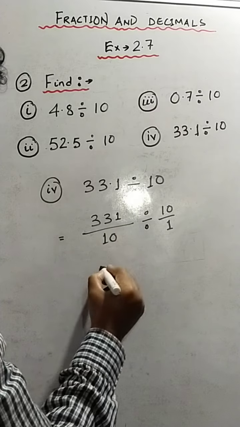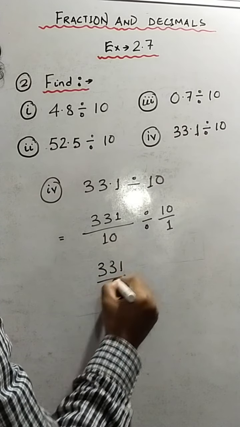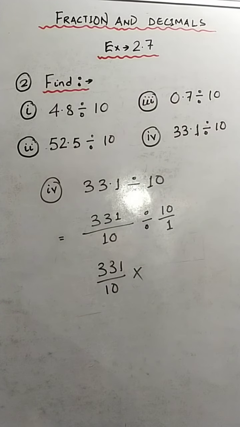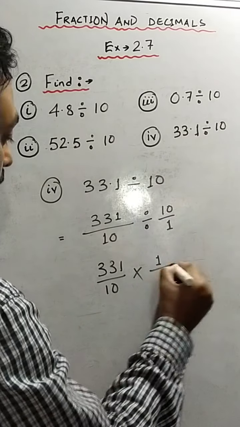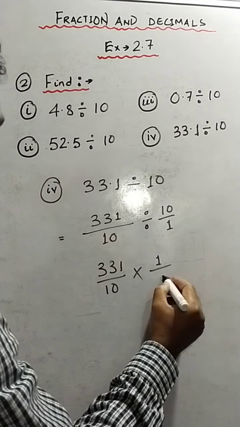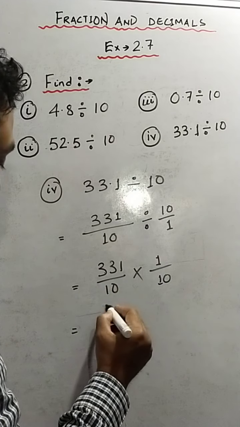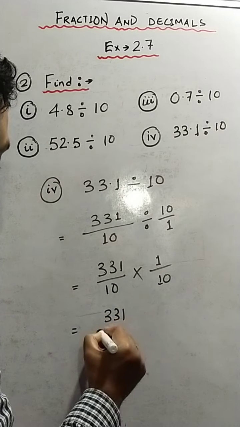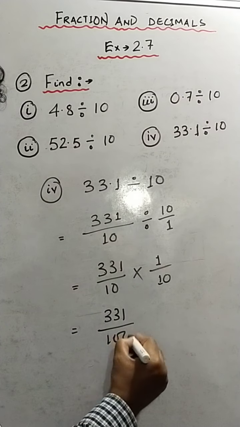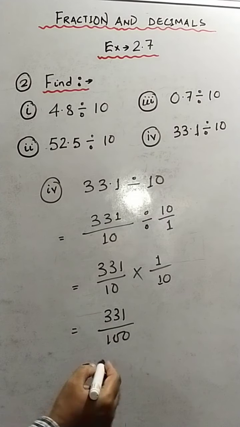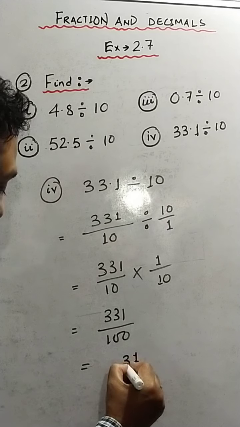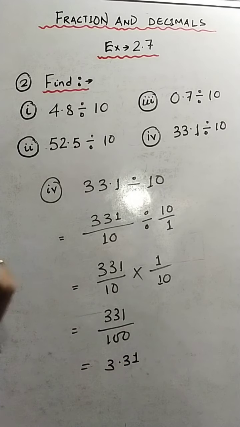Okay, so now next step, 331 by 10, we'll put a multiplication sign, and then this fractional form will be reciprocaled. And what will the answer be? 331 into 1 is 331. 10 into 10 is 100. Now convert it into decimal form. The answer is 3.31.